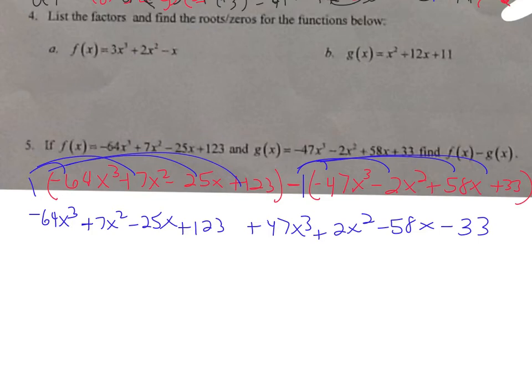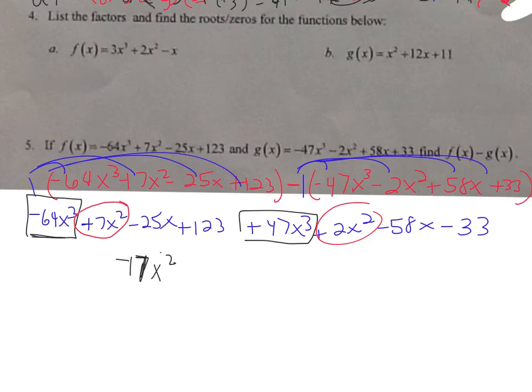Now let's combine like terms. Negative 64x cubed plus 47x cubed is negative 17x cubed. Oh, this should be an x cubed, sorry.